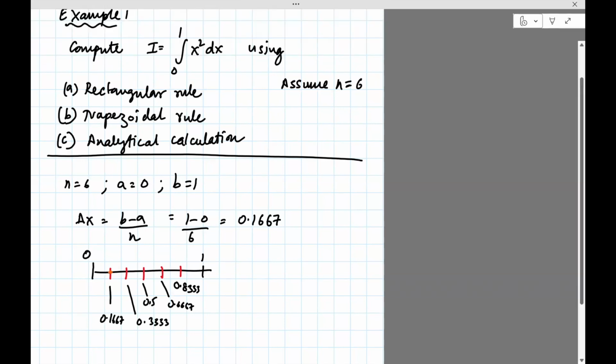Okay, so that's what it means. You have divided this interval into 6 parts: 1, 2, 3, 4, 5, 6.